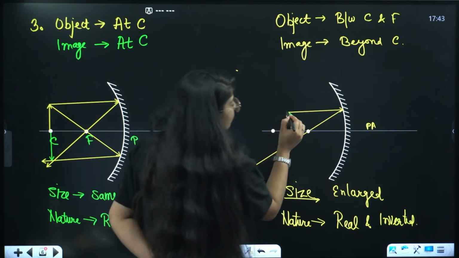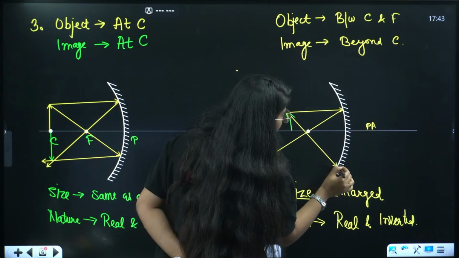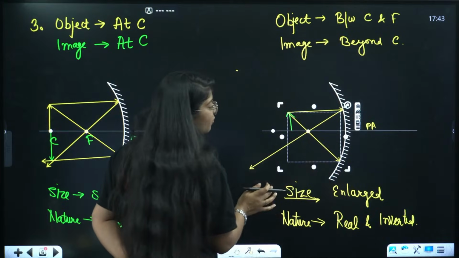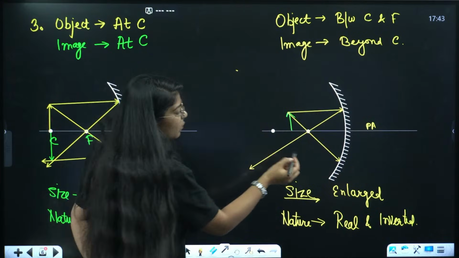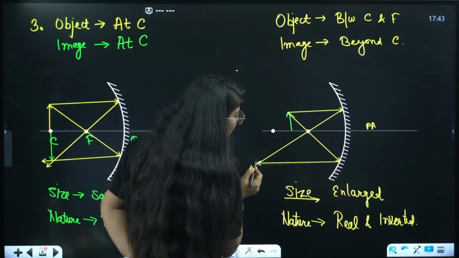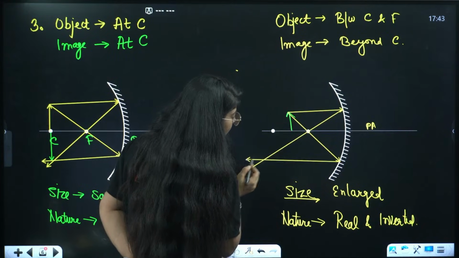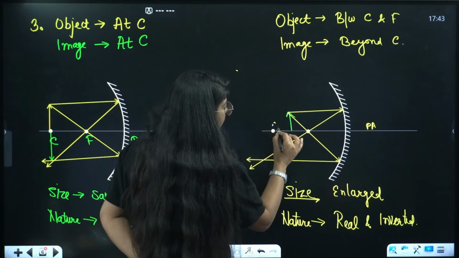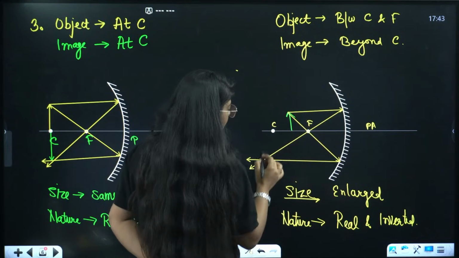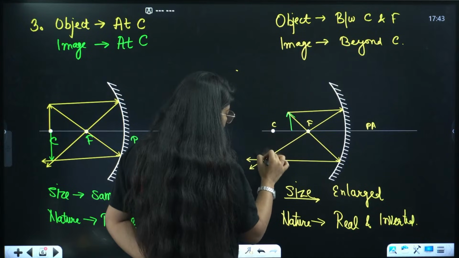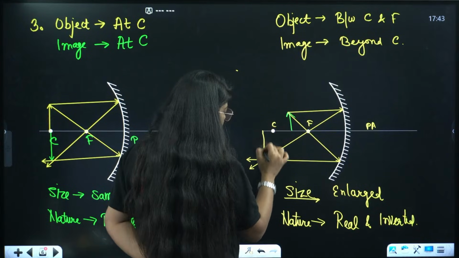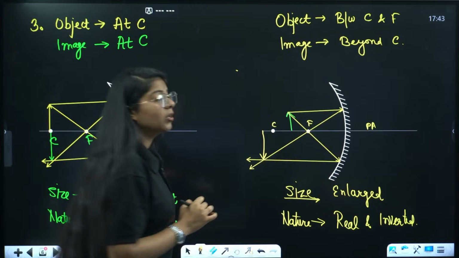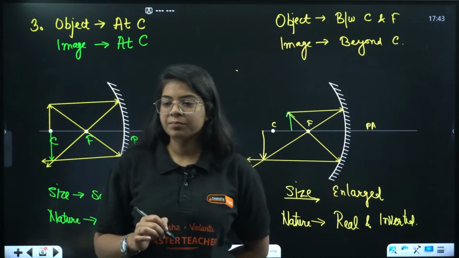Another ray will pass from the focus and then it will get reflected and will meet the first ray, where? Beyond C. Now you can clearly see that this image is being made beyond C. Done?